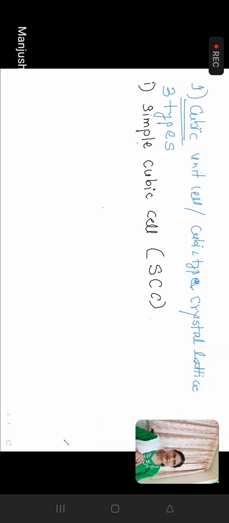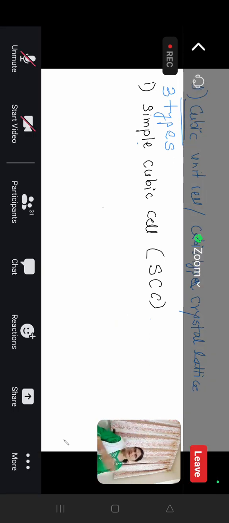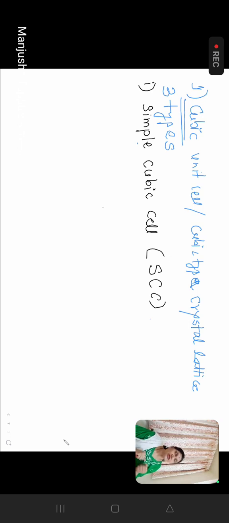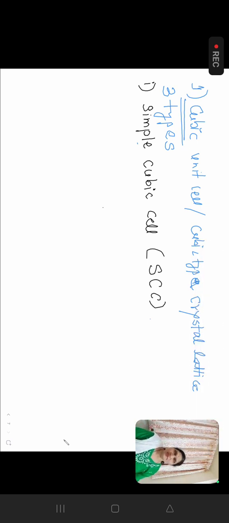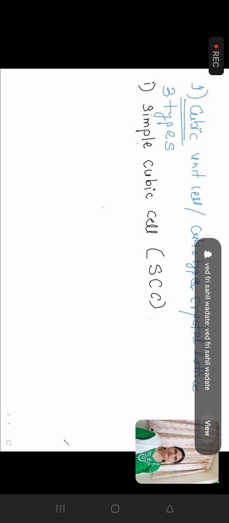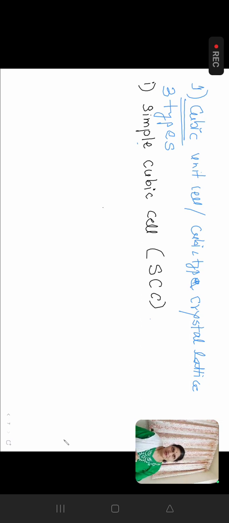Suppose for helium gas, we have to put helium gas in one container, and then we have to apply pressure, we have to decrease the temperature, then they will come close to each other. But there is some limit. They can't overlap, they can't form bond. Otherwise, if they cross their limit, they will start repelling. And when they are maximum close to each other, at that time we have to measure the internuclear distance. That is the point. So that is the story of van der Waals radius.